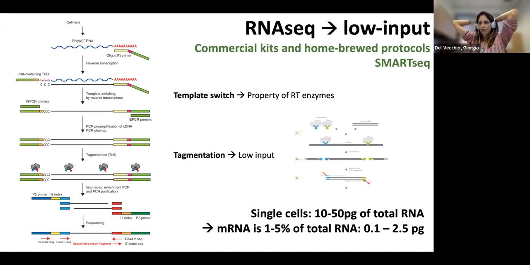Okay, so even if we are dealing with a low input RNA, the amount is low, but the quality is still good. We can still use, let's say, a poly-A capture approach.